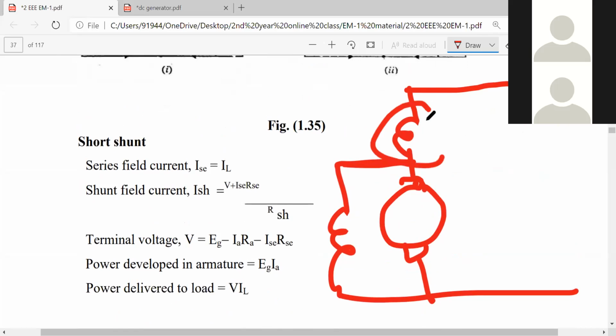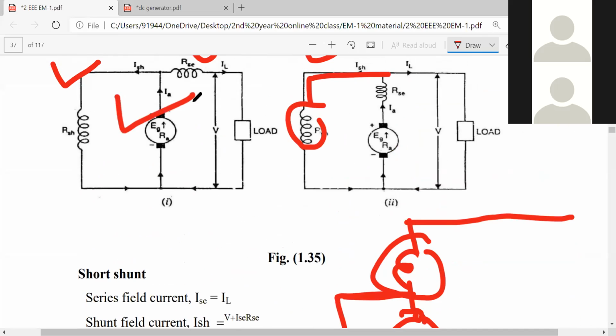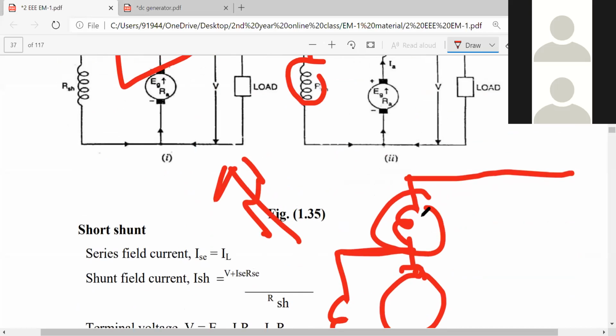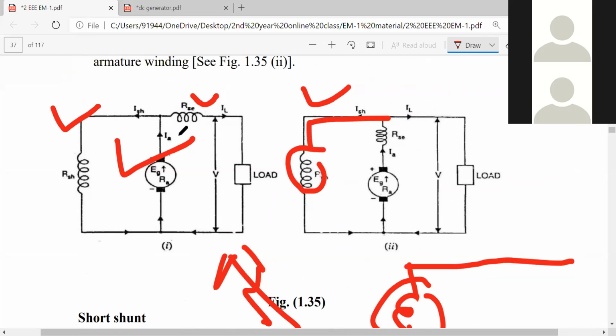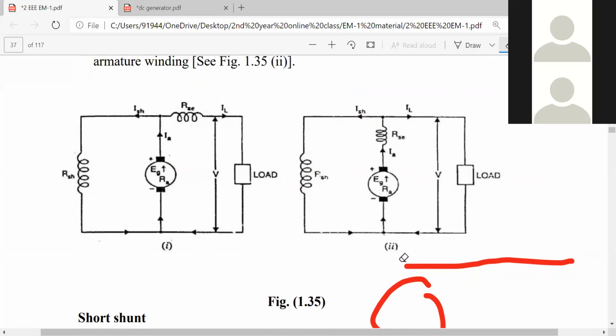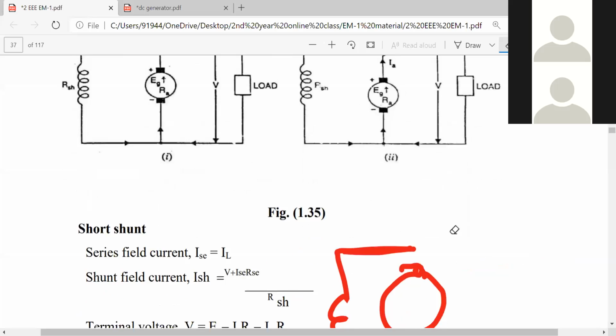So this is the series circuit. Same circuit, this one I drew here. Both are the same circuits. So when the shunt winding is connected across the armature, after that the series winding, it is short. Long means both are in series: first the series winding and armature winding both in series, then the shunt connected winding. So this is the long shunt compound generator.